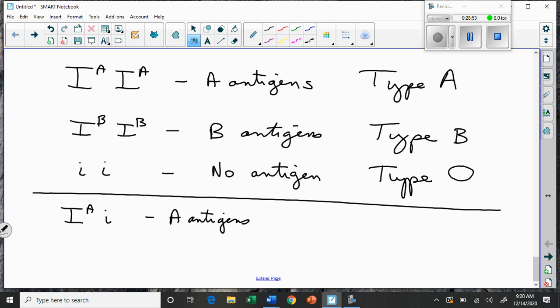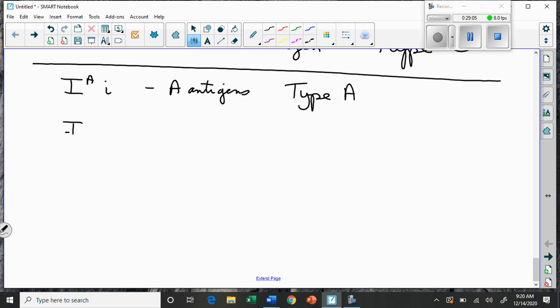So you are still a type A. In other words, the little i is masked, right? And if you combine a little i with the B allele, you are still going to produce B antigens because you are masking that little i allele, and you will still be type B.